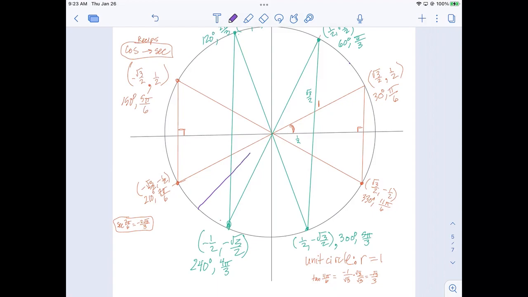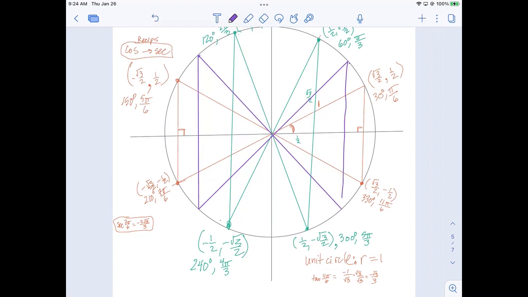Come in at a 45. That'll have to work. All right, and then do one on the other side. And then draw your bow tie. So now you can see 4 more congruent triangles in purple.